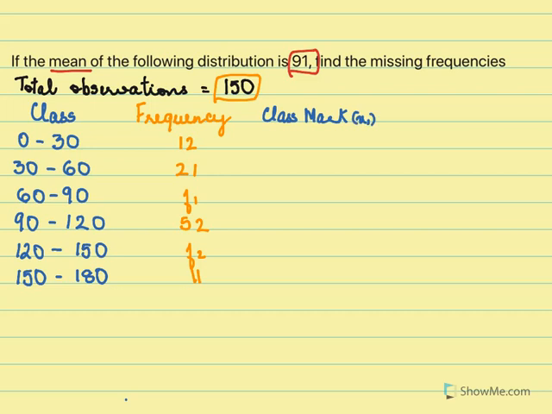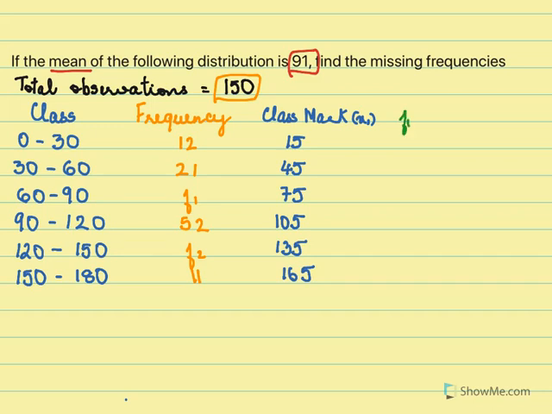So 0 plus 30 divided by 2, 15. 30 plus 60 divided by 2, 45. 60 plus 90 divided by 2, 75. 90 plus 120 divided by 2, 105. Then 120 plus 150 divided by 2, 135. 150 plus 180 divided by 2, 165.